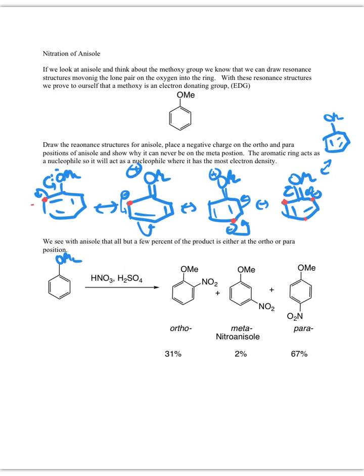So we can put a negative charge on these three carbons, the ones with the little red dots. So when we have a donating group, those are the places we will put a group on. When we have the donating group, the primary products are going to be the ortho and para products because of resonance, when we draw the resonance structures. And you can all draw the resonance structure showing this.